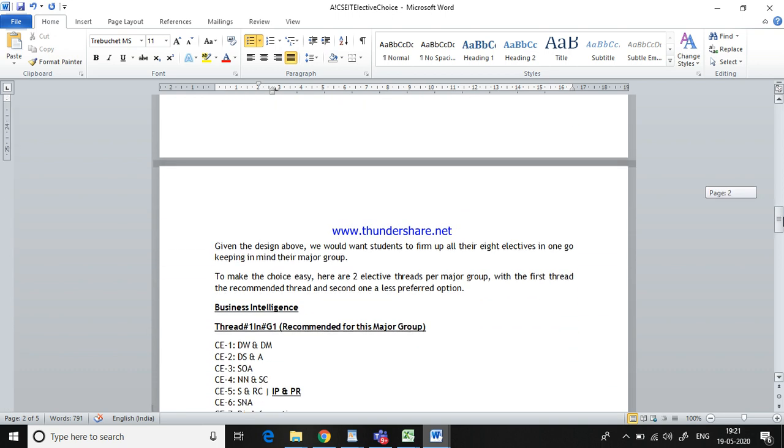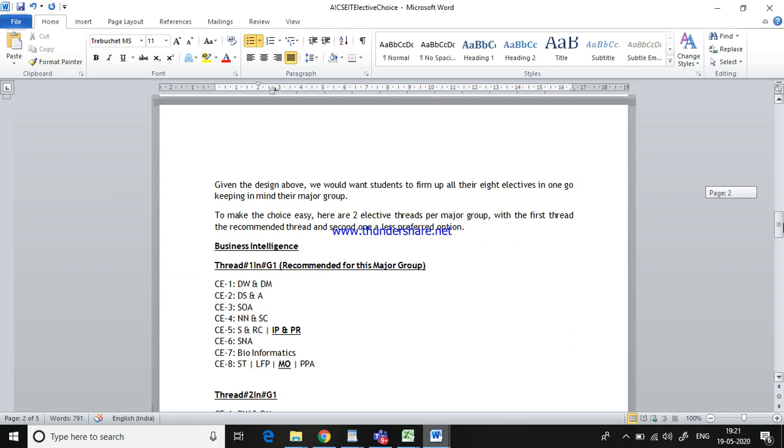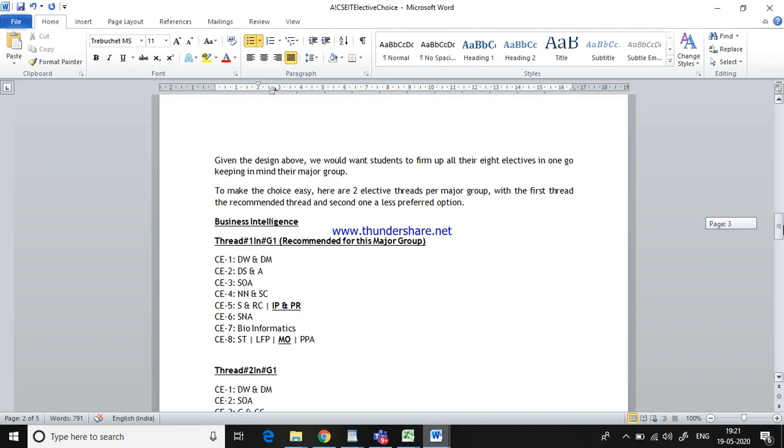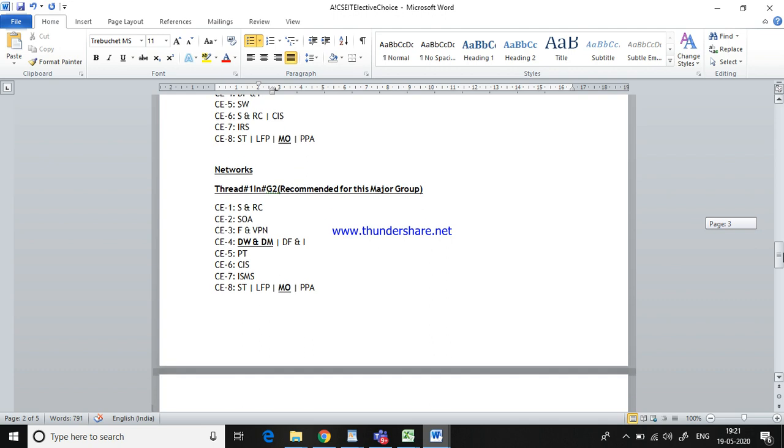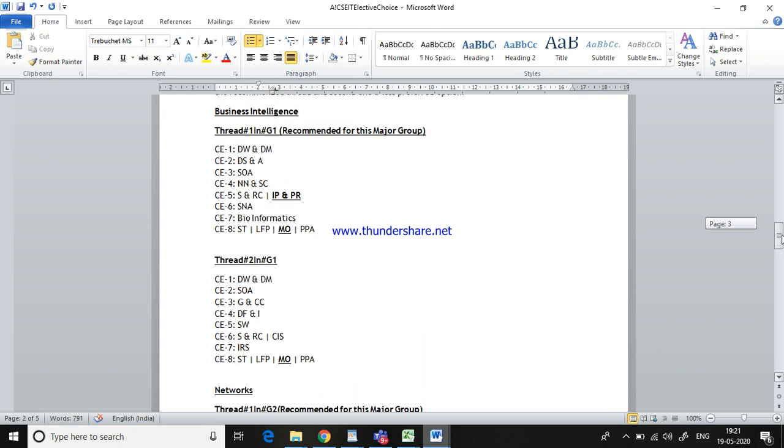So for convenience of students, these choices have been grouped into threads. Okay, so for every group we offer 2 threads actually. The thread 1 is the recommended thread if a student chooses this group, the business intelligence group, as his major group.